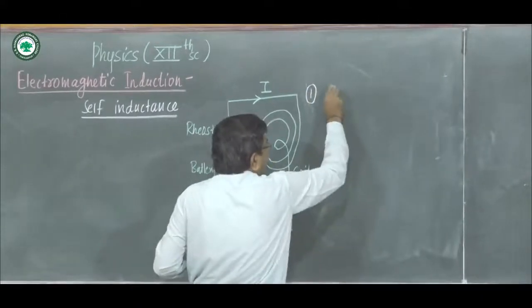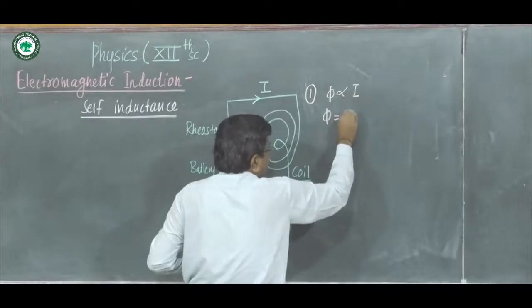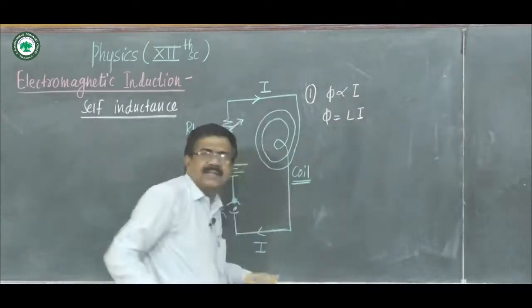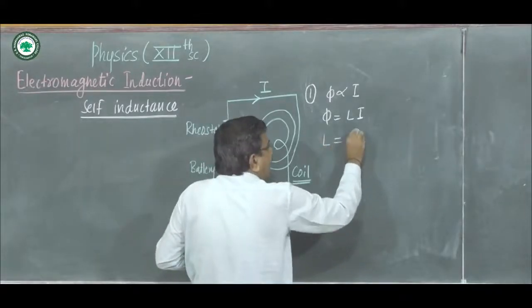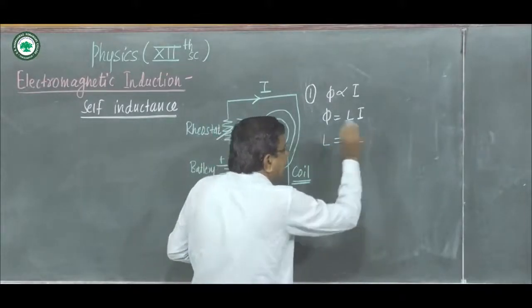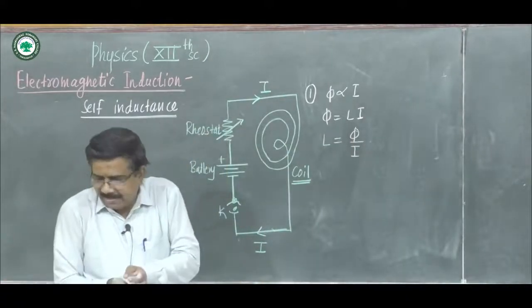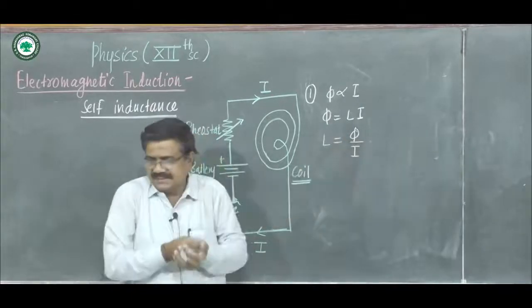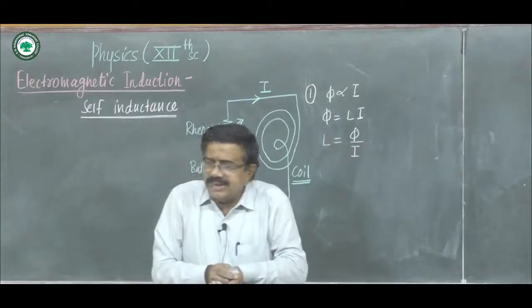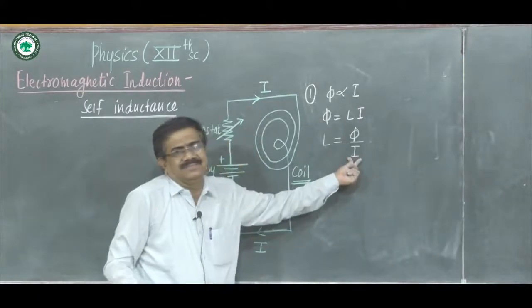As phi is directly proportional to I, phi is equal to Li. Therefore, L is phi upon I. Self-inductance is phi upon I. It is the ratio of magnetic flux to the current flowing through it.